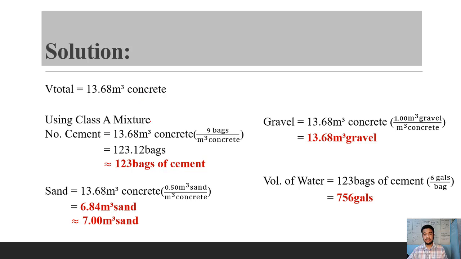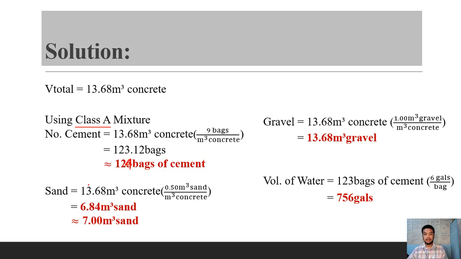So 13.68 times 9 bags, because we are using class A concrete. And it will have a total of 123.12 bags. Okay, I think you should round that up. That should be 124 bags of cement.